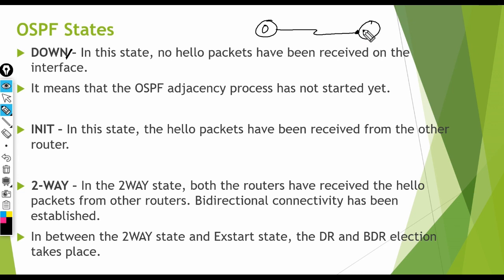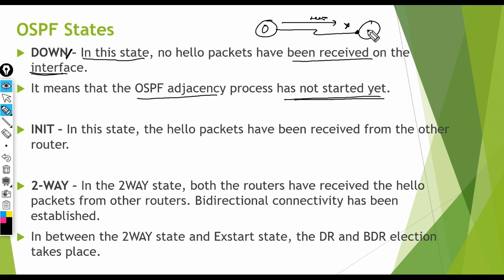In that case, this router will send the hello packet, but this router will not receive any hello, correct? In this state, no hello packet has been received on this particular interface. That means the OSPF adjacency process has not started yet. That's what the OSPF down state is.